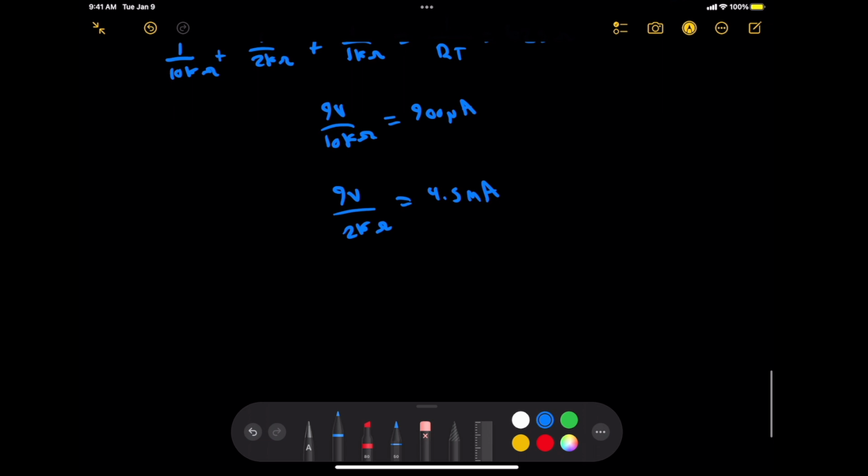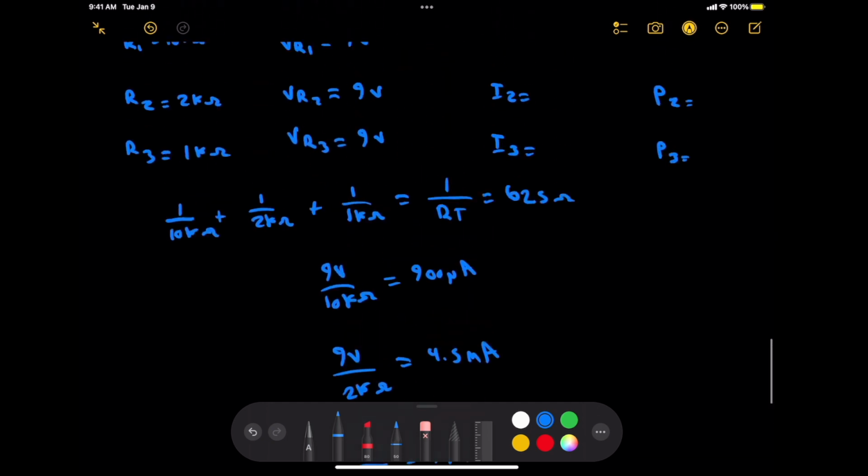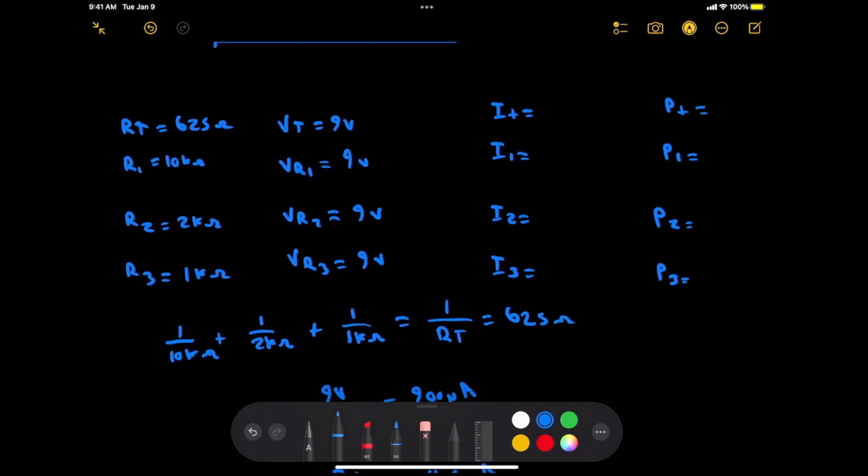Now let's do it for 1K. That's equal to 9 milliamps. So we have our individual current values.